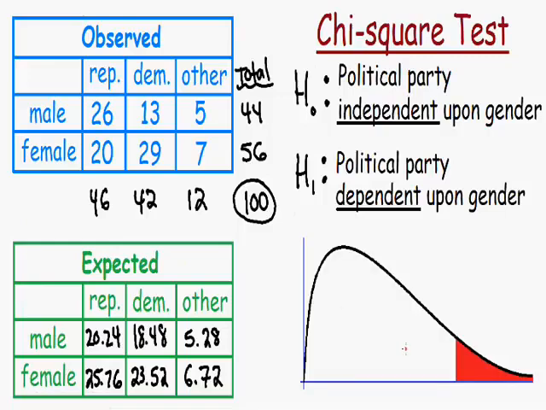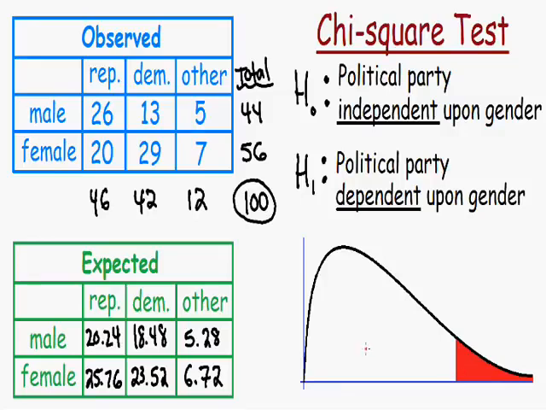So here is a picture of a curve with a chi-square distribution. Sometimes it looks a little bit different depending upon your degrees of freedom, but for the purpose of this video, this curve will do just fine. And like I said before, the level of significance is the area in the tail, and I colored in the area in the tail in red.